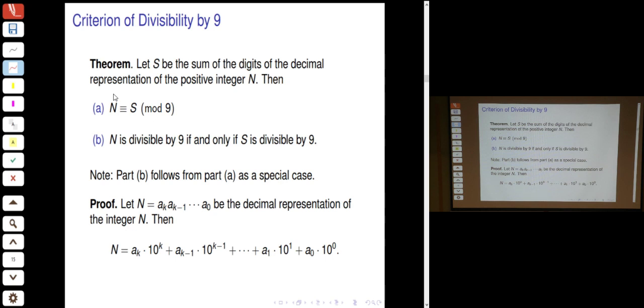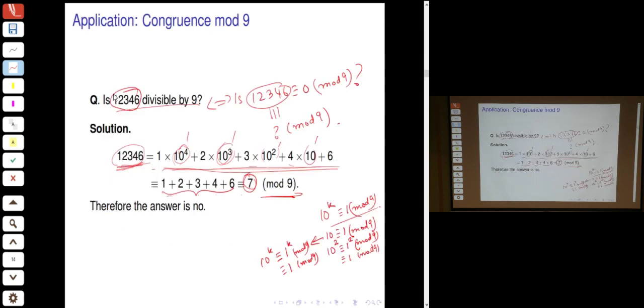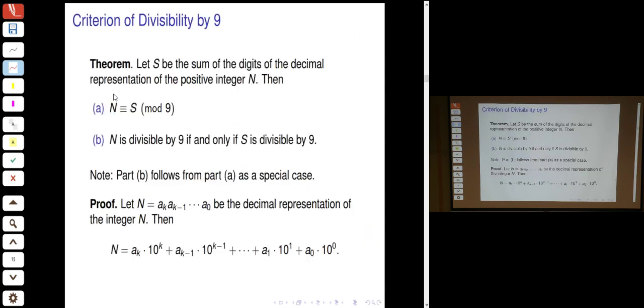Let us see why that is true, and actually the argument is pretty much the same as what we did for the example. You write the number n in terms of its decimal expansion, and notice that modulo 9, each of these powers of 10 is 1.